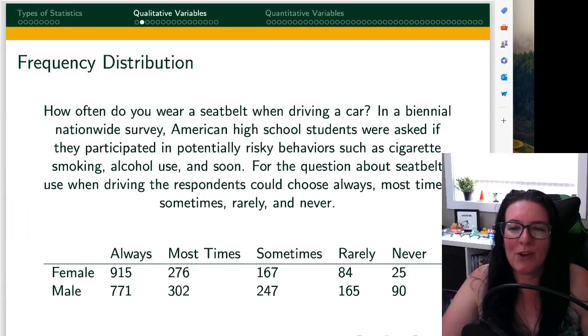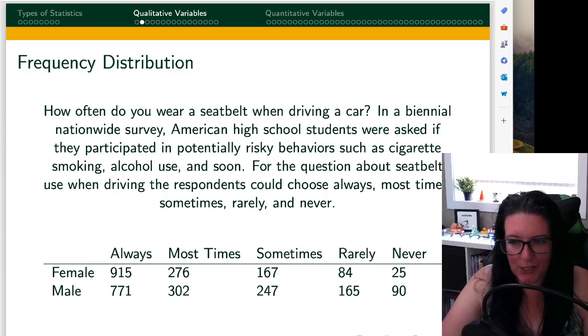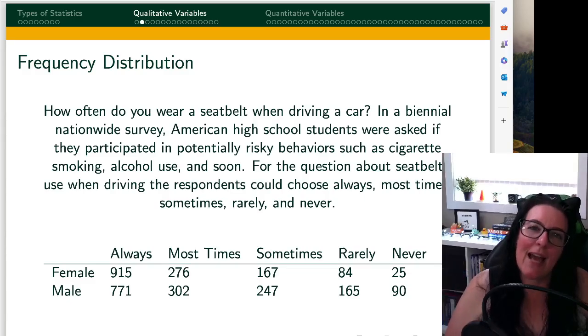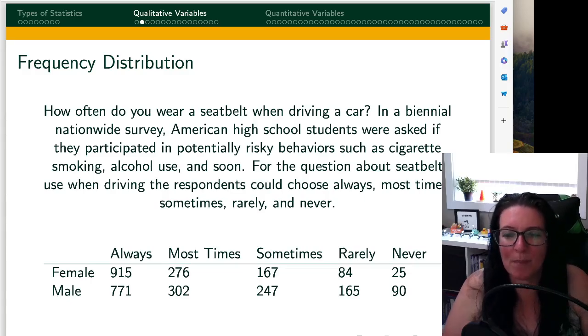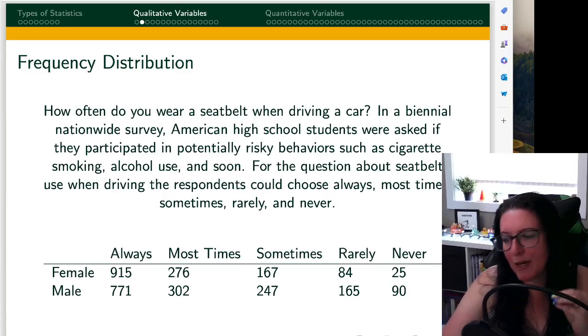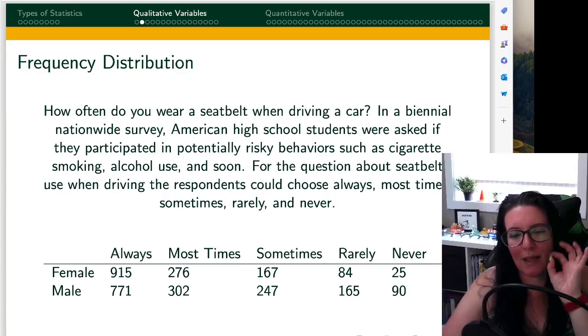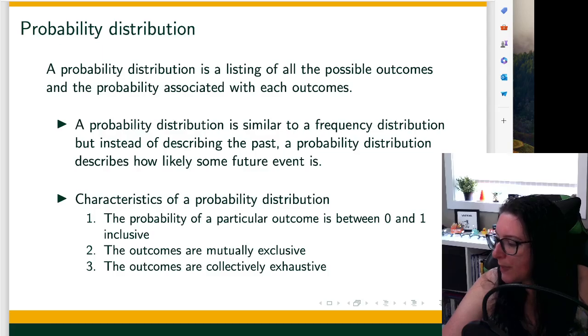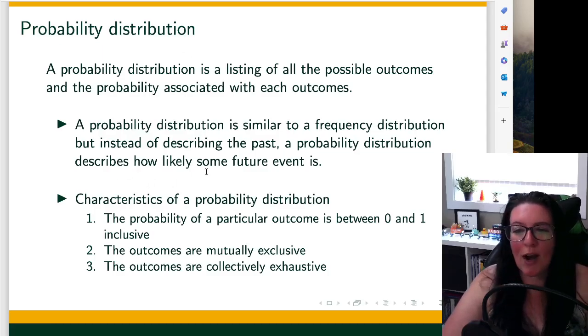But then we could count how many people had a certain opinion to a question. So all of that was describing how many people fall into different categories or different ranges of numbers within that sample. What we want to do is go from that frequency distribution that's describing the sample and the past to our probability distribution that's describing how likely some future event is.